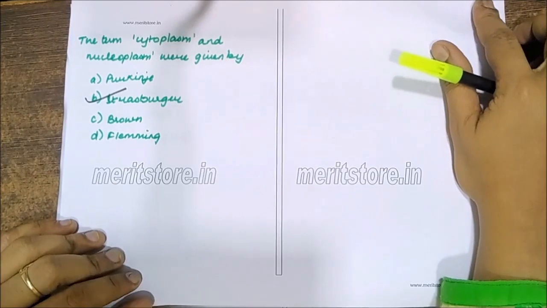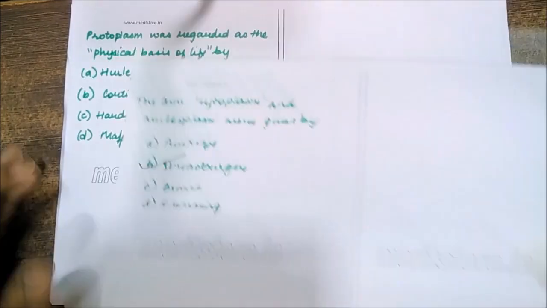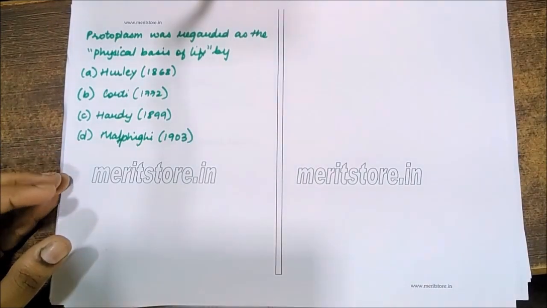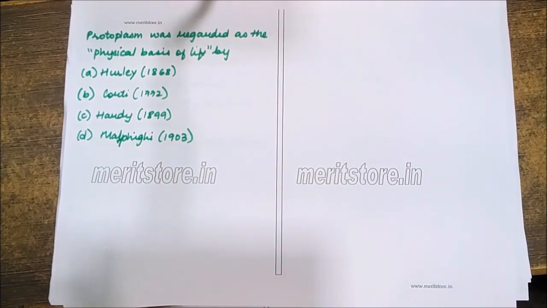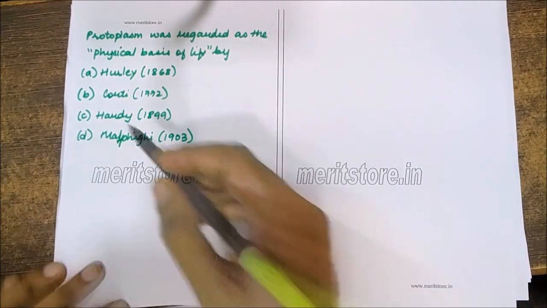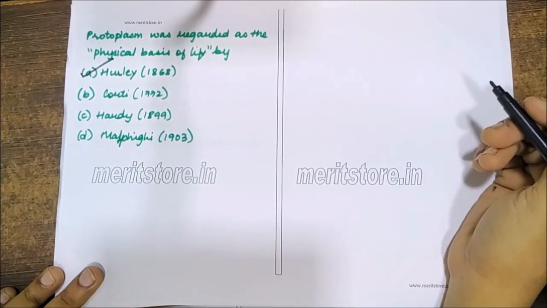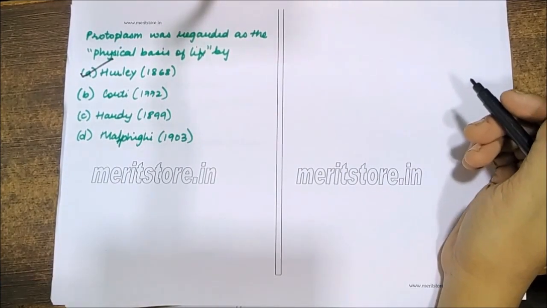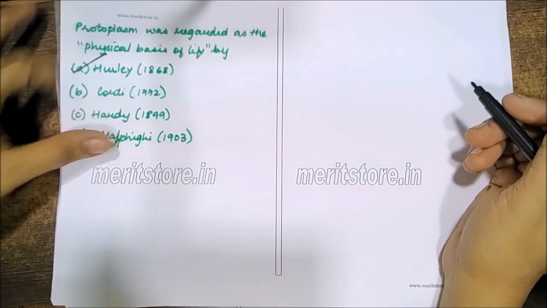So you have to remember the names of these scientists. Protoplasm was regarded as the physical basis of life by Huxley. Huxley was the one who said that protoplasm is the physical basis of life.